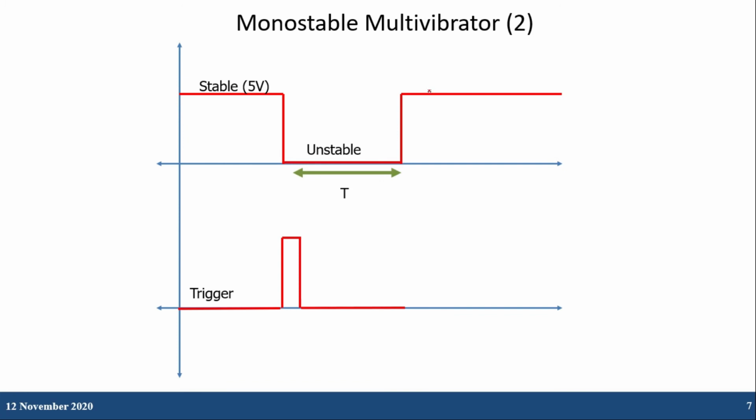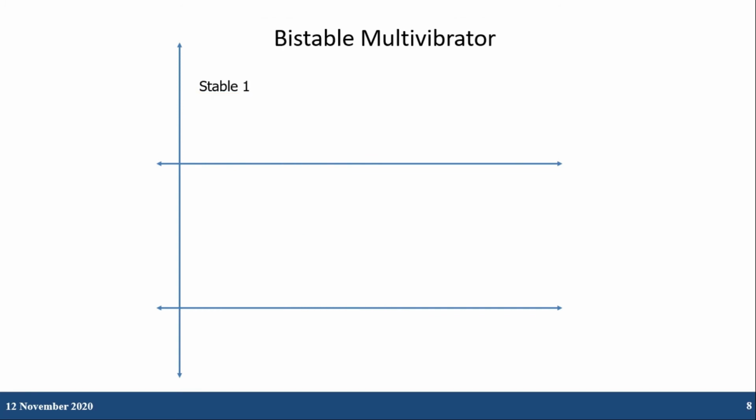Next is the bistable multivibrator. In this multivibrator both states are stable states, and the output of the multivibrator can be any of the two stable states. So let's say initially the output is in stable state 1, and whenever some triggering action occurs, then the output will go from one stable state to another stable state.